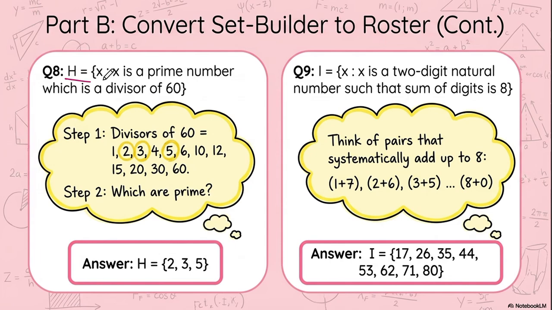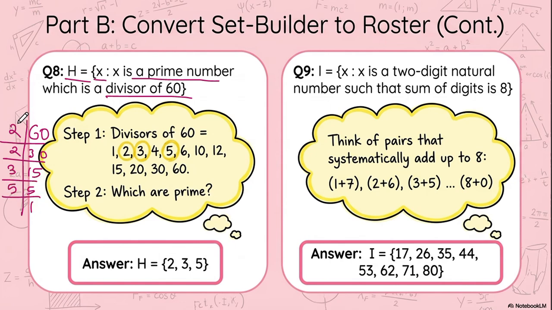Again the same thing, the set H is given: X such that X is a prime number which is a divisor of 60. So which numbers divide 60? If we do the prime factorization of 60: 2 into 30, then 15 into 2, then 3 into 5, and 5 into 1.